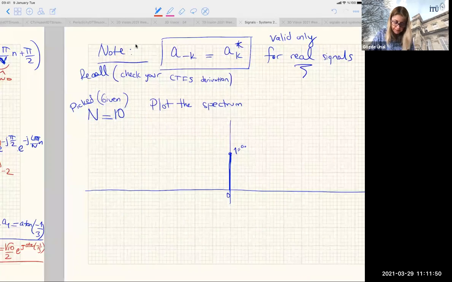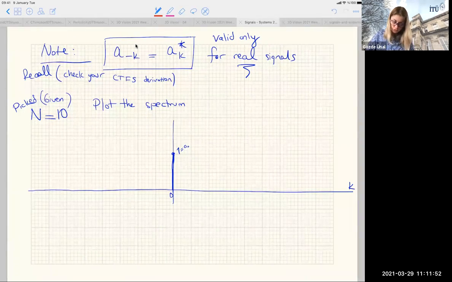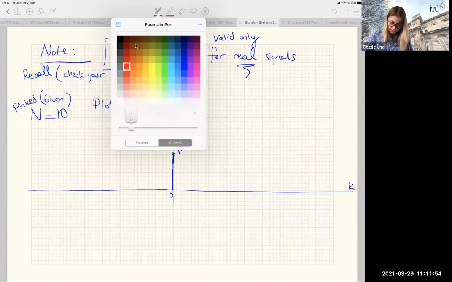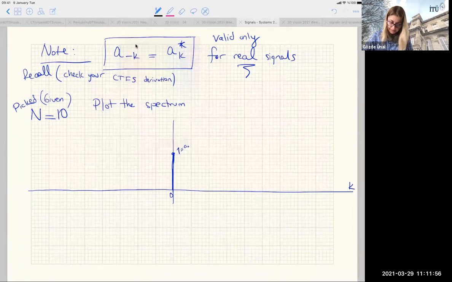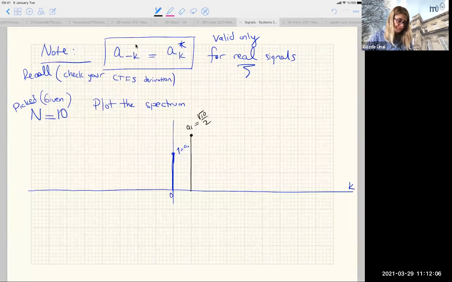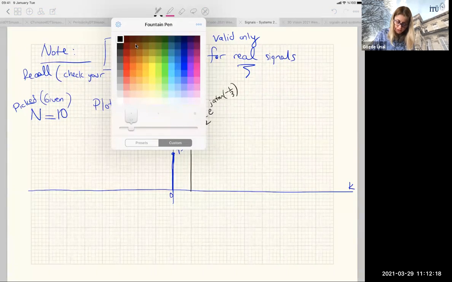For this one, I can use a different color. It was square root 10 over 2. Let's say this was A1, which we already calculated: e to the j arctangent minus 1 over 3. Now I know A minus 1 is the complex conjugate of this. Let's make it another color.